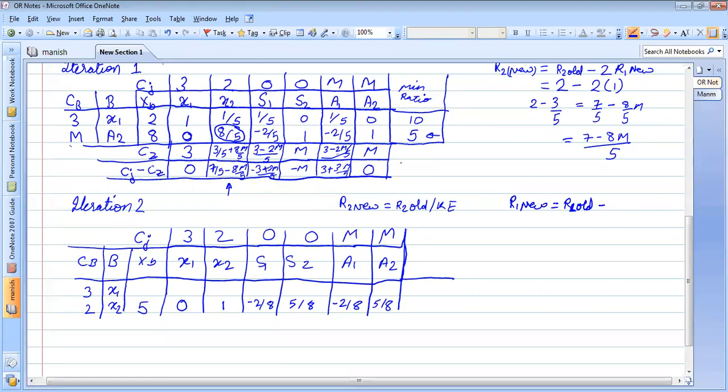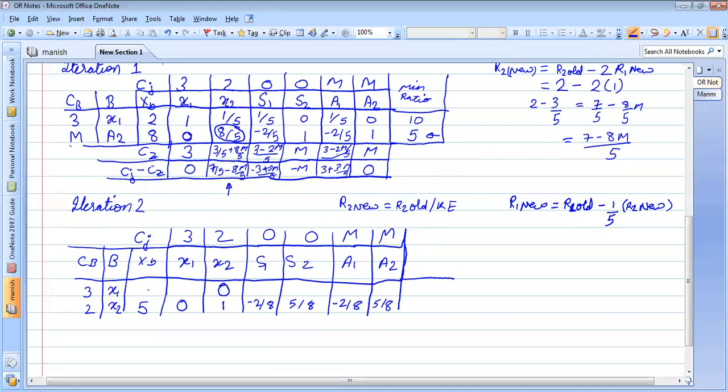So if I want to make this 0, I'll multiply by 1 by 5 into R2 new. So this will become 0, correct?